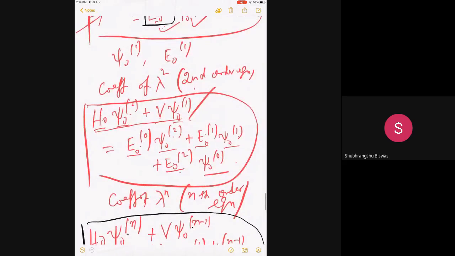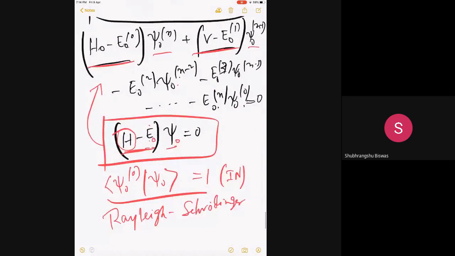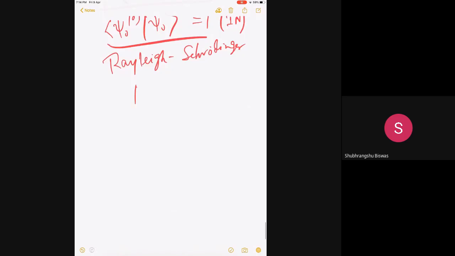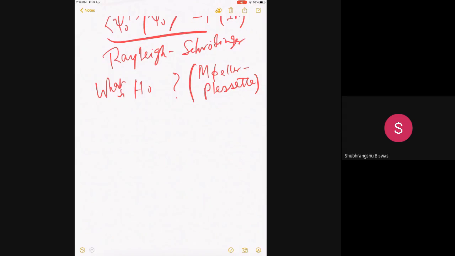I have not told you what is H naught. So, we will also discuss what is H naught within the Rayleigh-Schrodinger perturbation theory. And there I am going to use an H naught which was first discussed by Moller and Plesset, MP. And that is called Moller-Plesset perturbation theory. So this is what I am going to do.